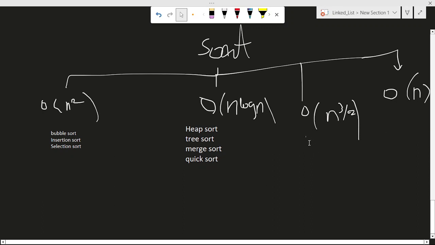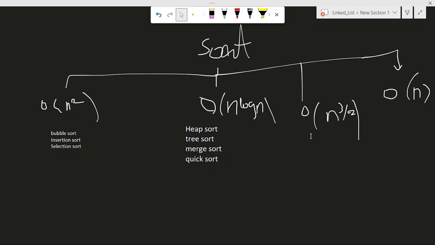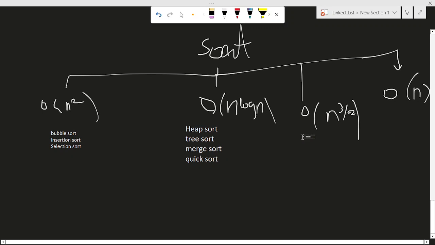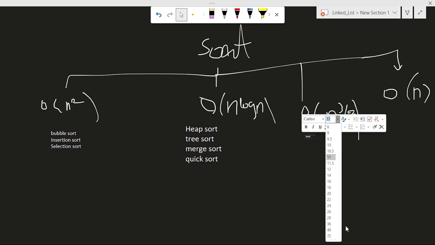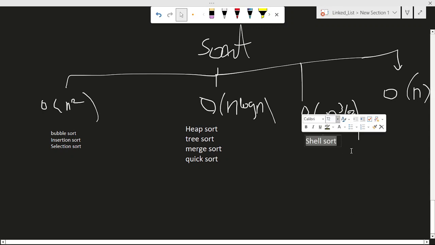And under n to the power of 1.5, big O of n to the power of 1.5 time, we have only one, that is shell sort.